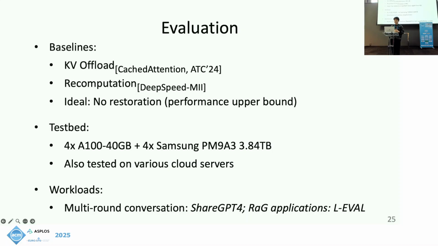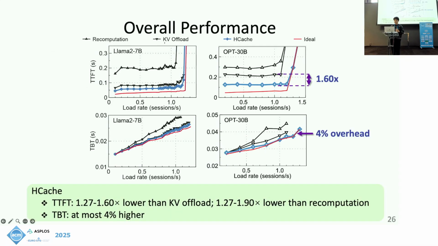Our testbed consists of 4 NVIDIA A100 GPUs and 4 high-performance SSDs. We also conduct evaluations on various cloud servers. Finally, we evaluate our system using representative LLM tasks like multi-round conversation and RAG applications.